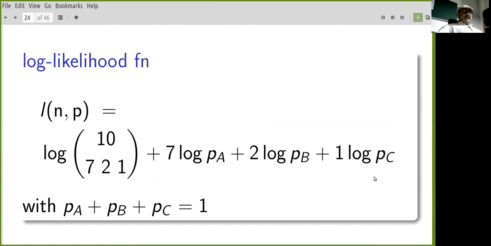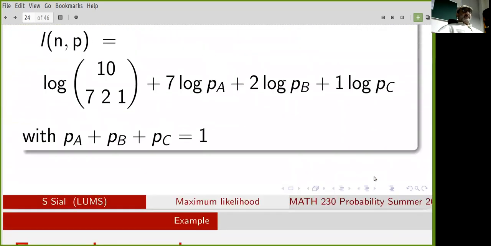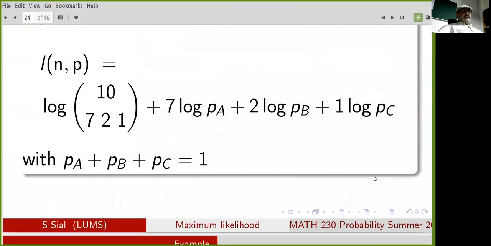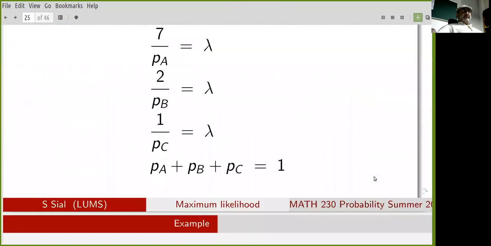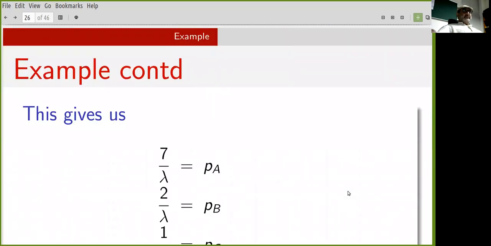Now, what do we do? Well, we can use the method of Lagrange multipliers. So if we do that, then 7 over PA equals lambda, 2 over PB equals lambda, 1 over PC equals lambda, and PA plus PB plus PC is equal to 1.